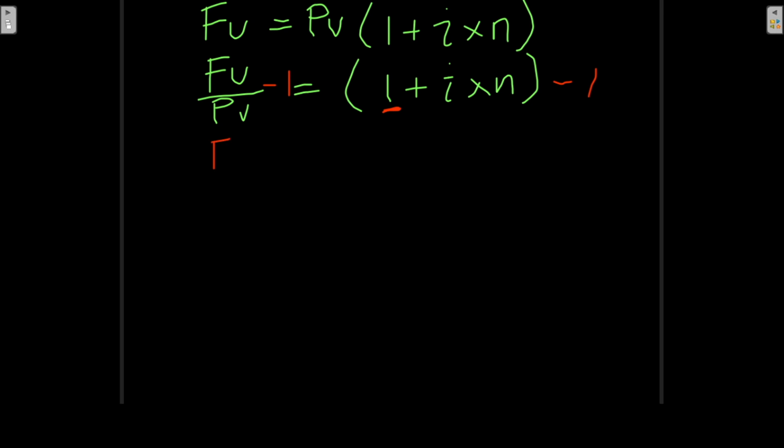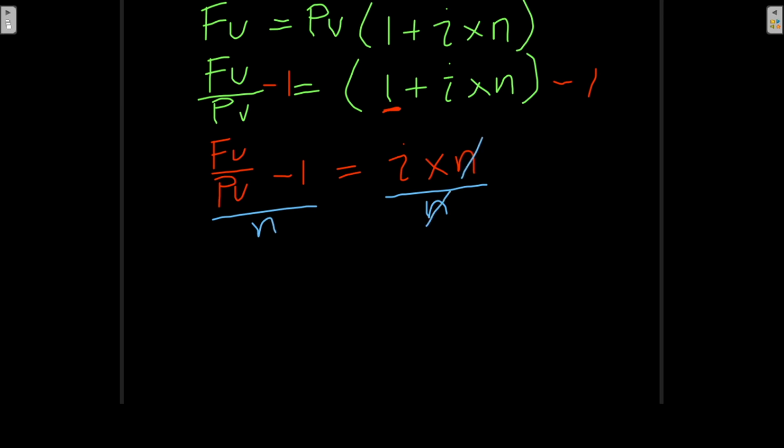So I will have future value over present value minus 1, and I want to solve for I. So to solve for I, I will divide by n on the right and n on the left. So those two will cancel out. So I end up with the interest rate equal to future value over present value minus 1, divided by n.